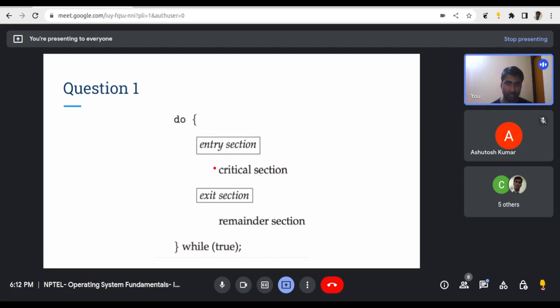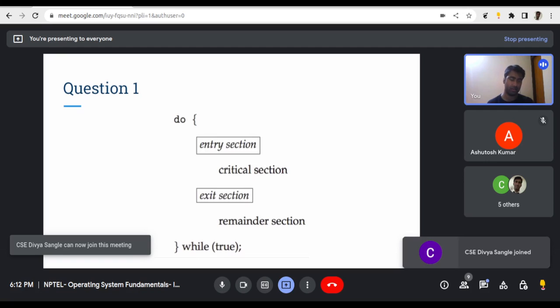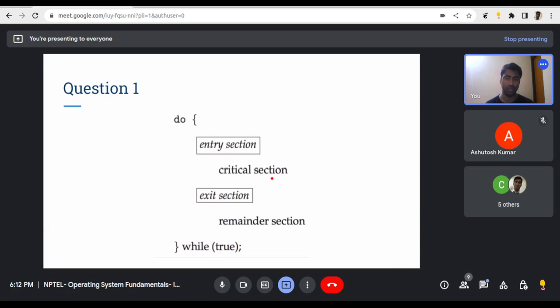The security of the shared variable is ensured by the mutual exclusion principle. The other two just ensure that the processes get a chance to enter the critical section and progress with the required job. Okay, so these are the three requirements.